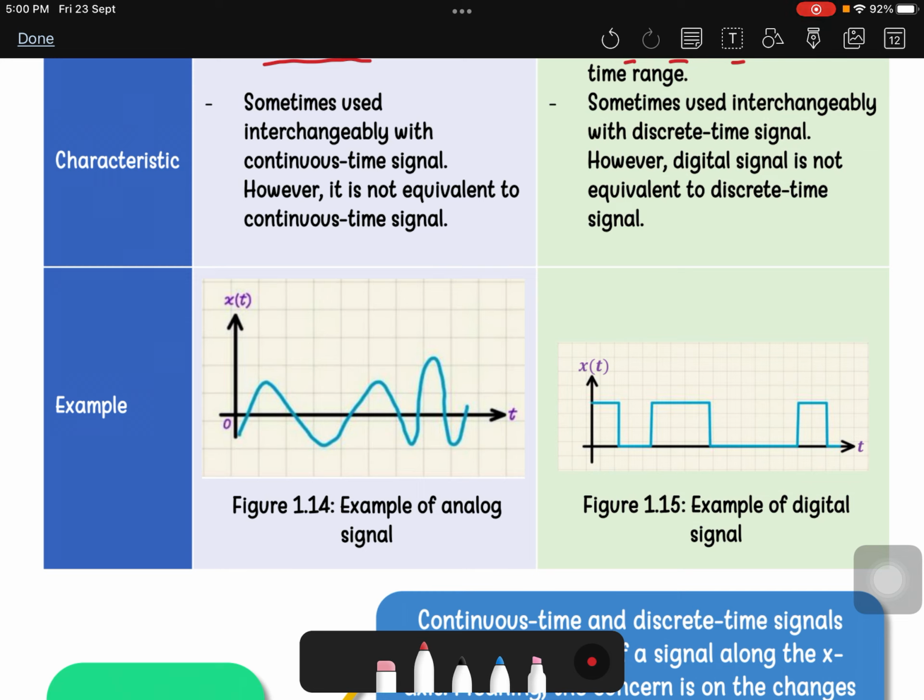Similarly, some people use the words discrete time and digital interchangeably, but actually they are not equal. So I hope with this example you can see the difference between these four types of signals.